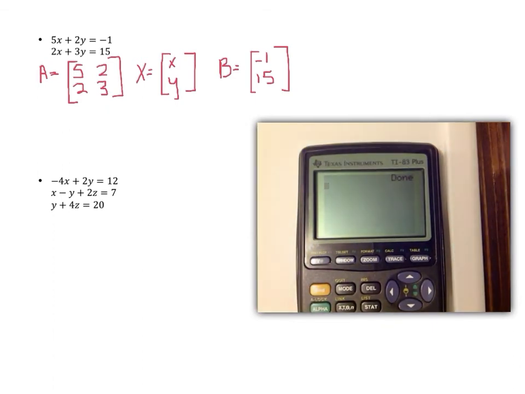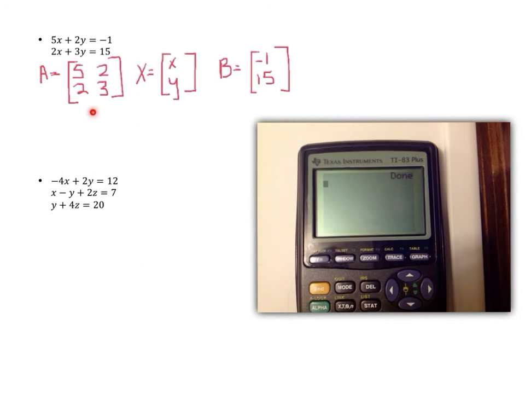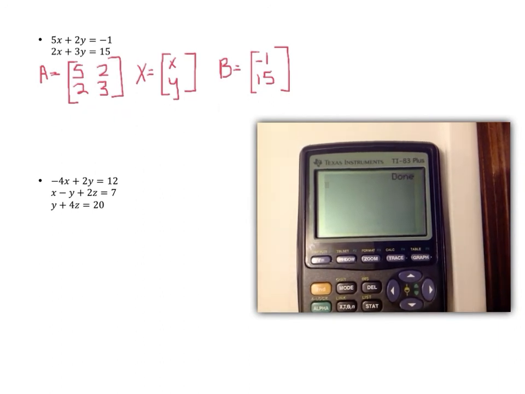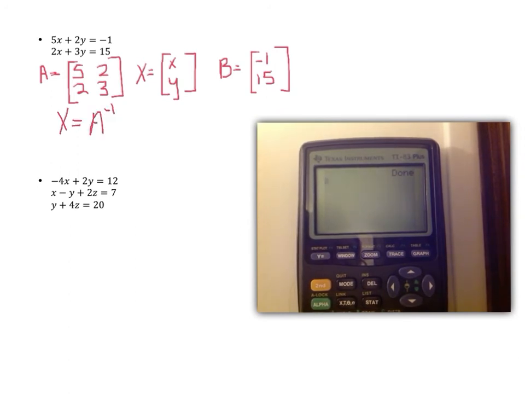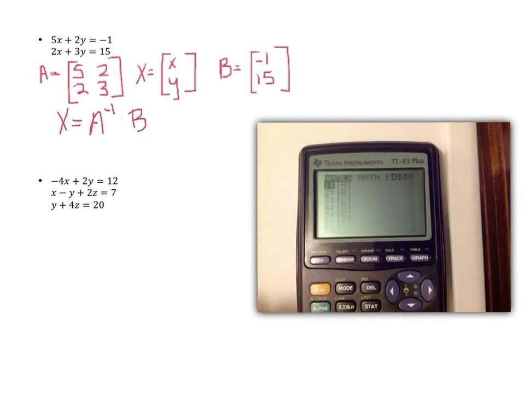So anytime that you are solving a system of equations using inverse matrices, I want to see this. Then what you'll do is tell me that matrix X is equal to the inverse of A times B, and we'll put that into our calculators.